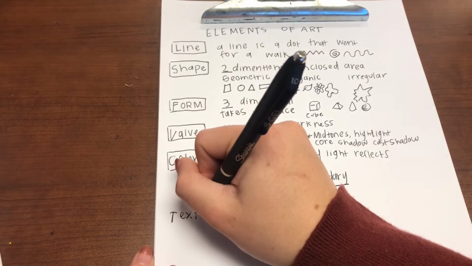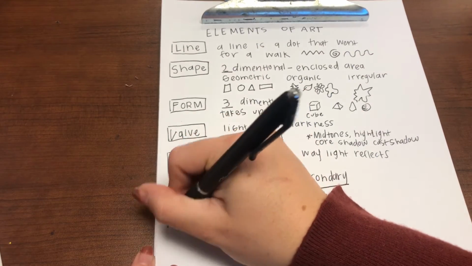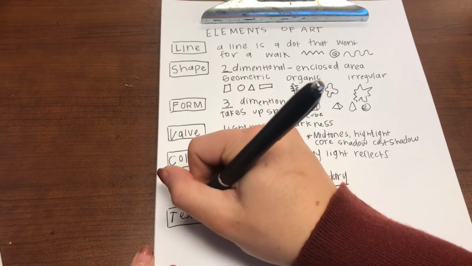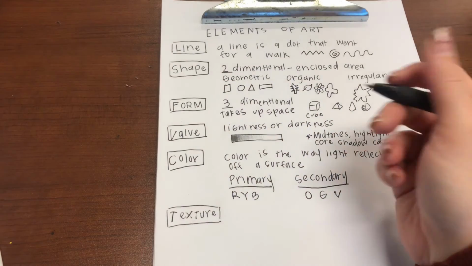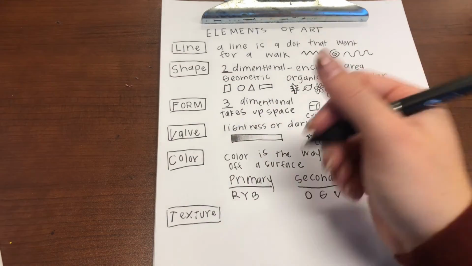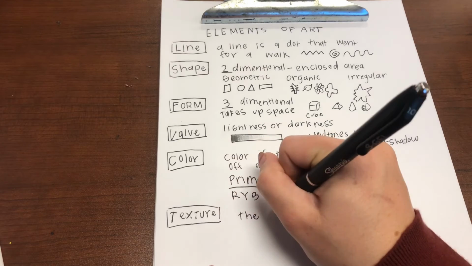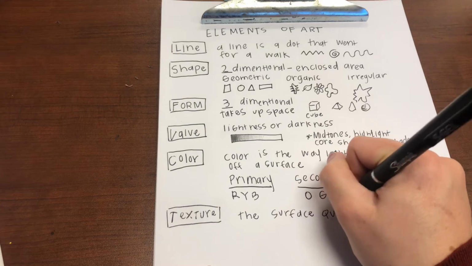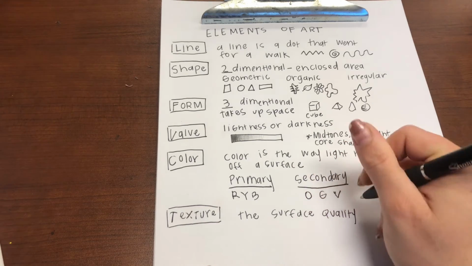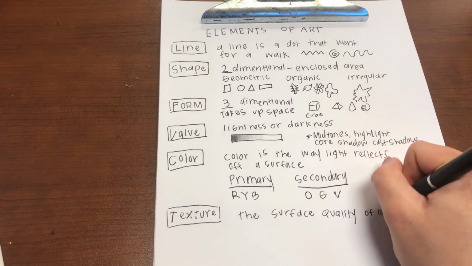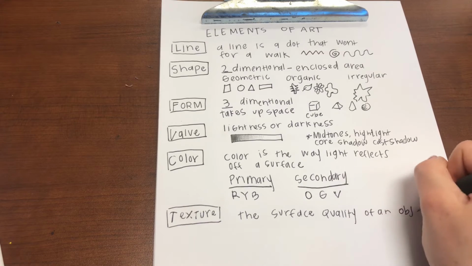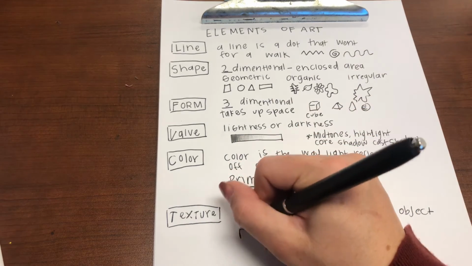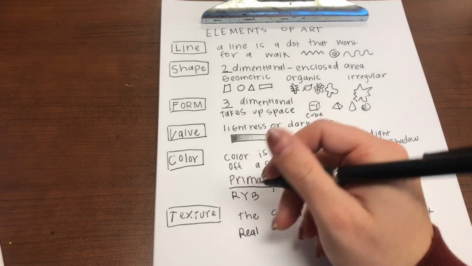The next element is texture. Texture is basically just the surface quality of an object. You could have real texture, which is something that you can feel.